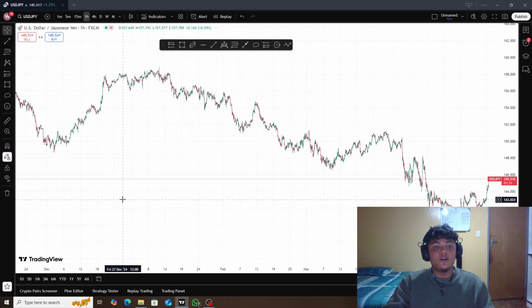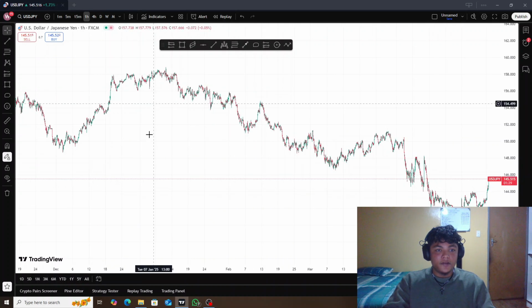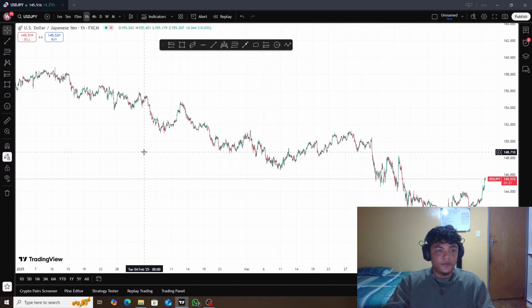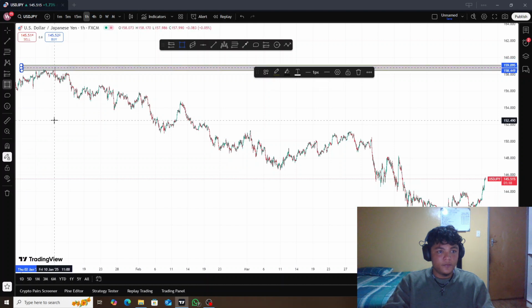So now we are on the 1 hour chart. Let's start from here. We are in a downtrend. This would be the resistance, it's at the top. The market came from here and reacted here.